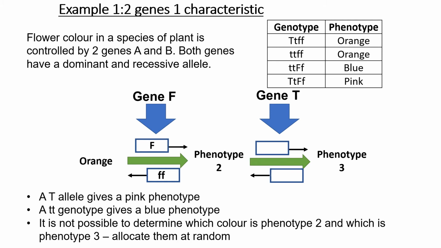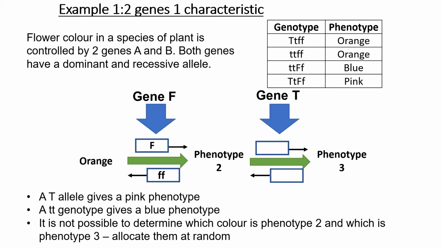So if we now have a look at gene T, we can see that the pink phenotype is linked to the capital dominant allele for T, and that the blue phenotype occurs when we have the homozygous recessive genotype for T. So what we'd suggest is that to progress from 2 to 3, we would have one of those conditions.